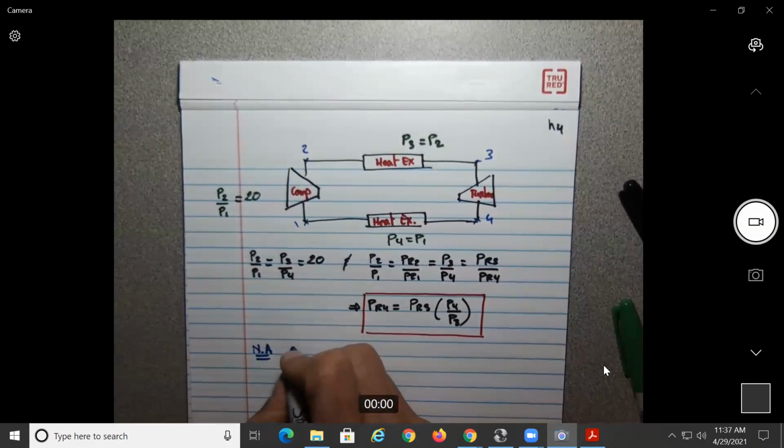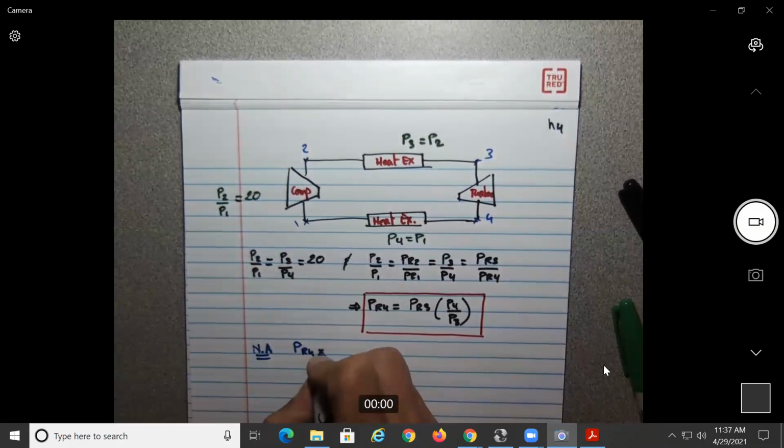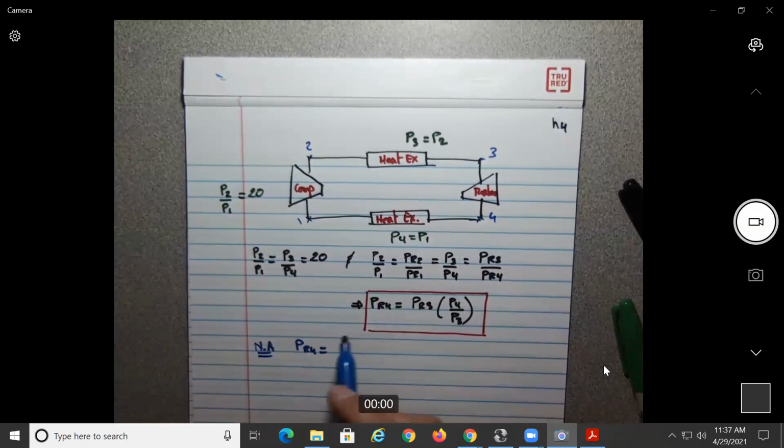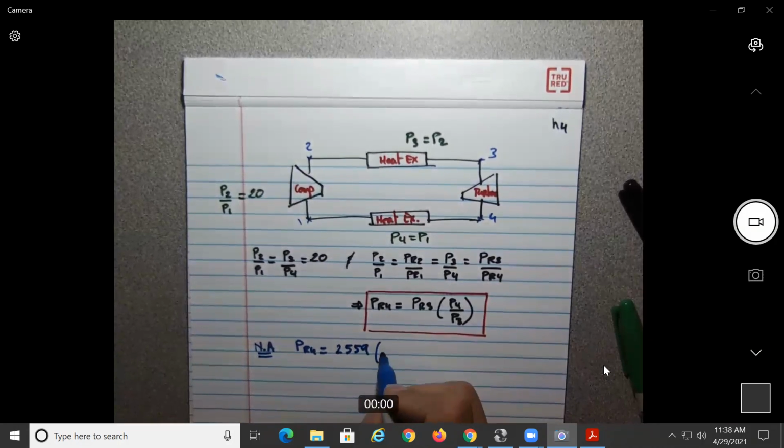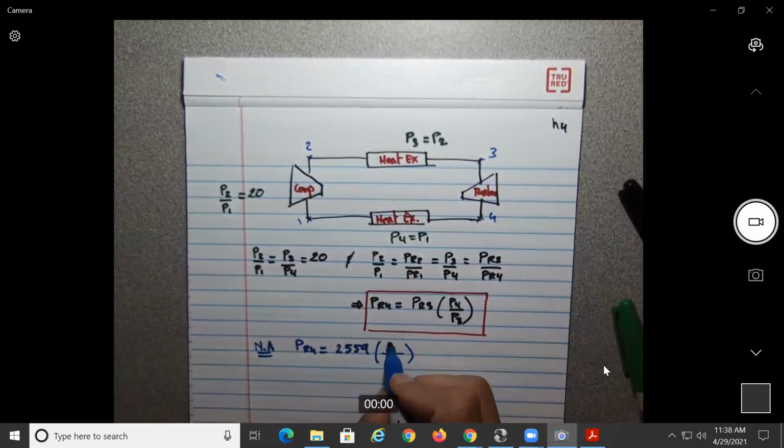We're going to get PR4 equal to PR3 that we got from the table, 2,559, times P4 over P3, which should be equal to 1 over 20.